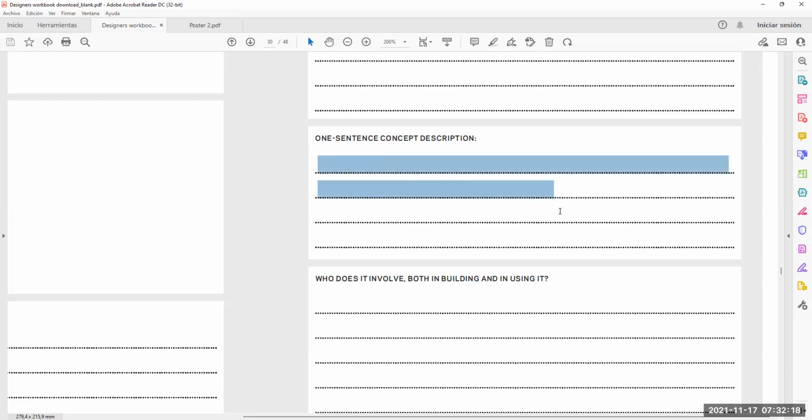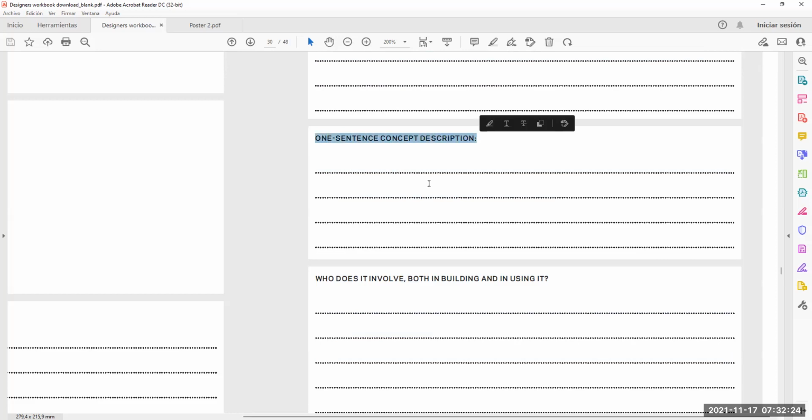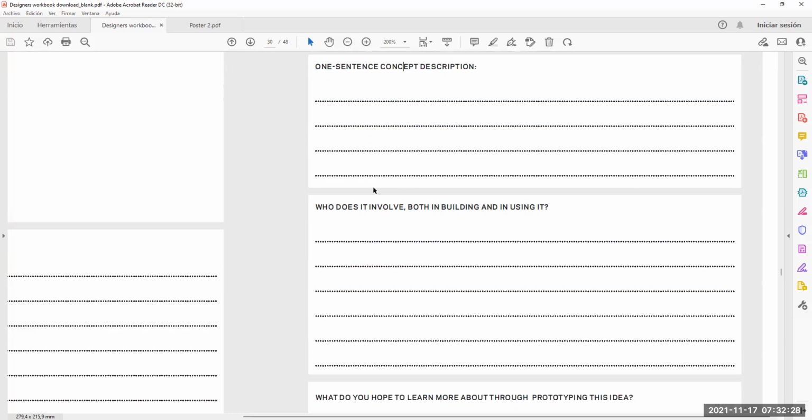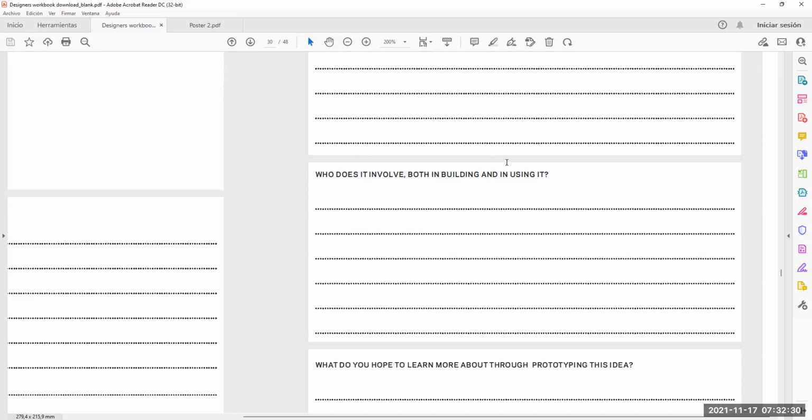We need to come up with a very simple one sentence, as it says here, one sentence concept description. That's something we will especially put attention to tomorrow. Then here, who does it involve, both in building and using it? You already know this. This is something you have already prepared in previous stages.